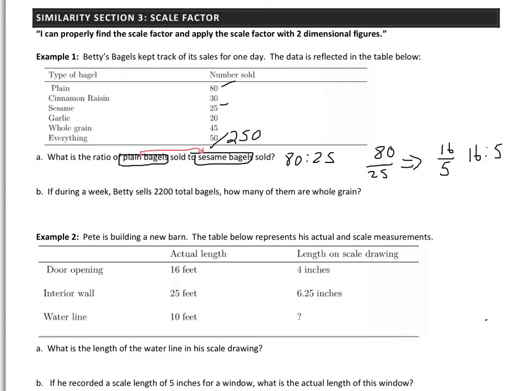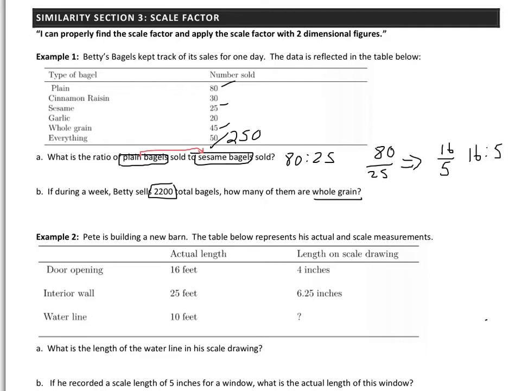In question B here, it says, if during the week they sell a total of 2,200 bagels, how many were whole grain? And this is where proportions come into play. So we have a question about whole grain, and it says whole grain had 45 sold in one day.